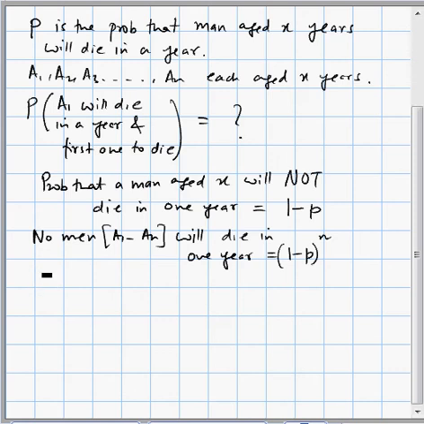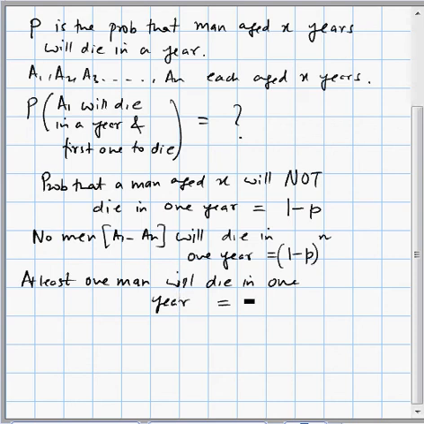Now we say the probability that at least one man aged X will die in 1 year equals, you can see this is the complementary event of this event: no man dies and at least one dies.